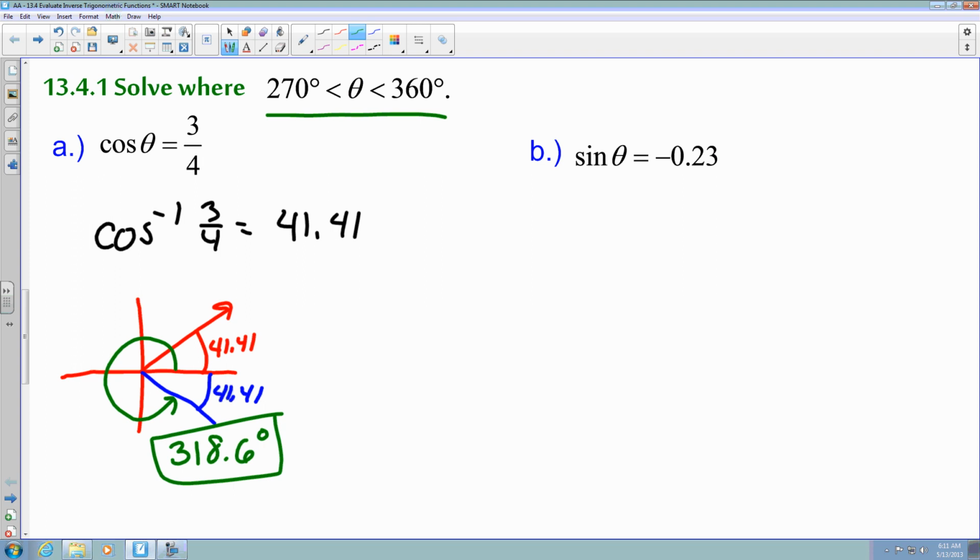If you type in cosine of 318.6, you would get roughly 0.75, because 3/4 is 0.75.